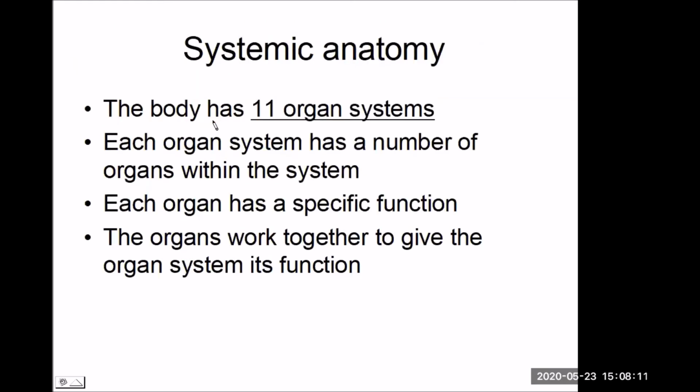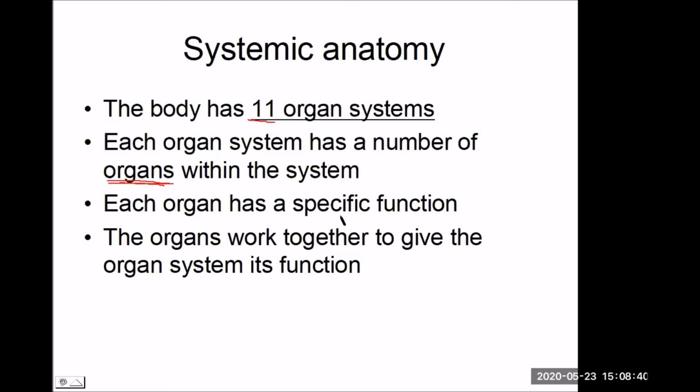So now moving forward with the systems, we've mentioned now a few times, we have 11 organ systems. So an example would be the muscular system, the skeletal system, the nervous system. Each organ system has a number of organs within. Your cardiovascular system, as we said, has the heart, blood vessels, and your circulating blood.